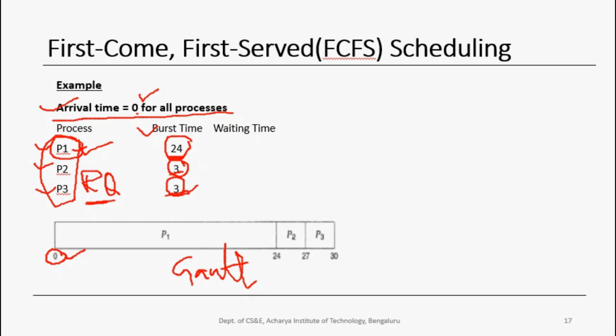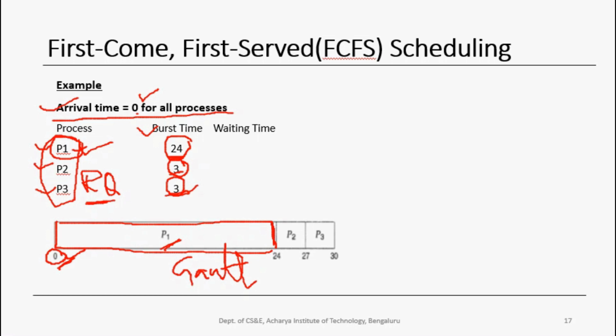Therefore it is immediately given the CPU. I have put a rectangle here and written P1, and its execution starts at time t equal to 0, and it runs for 24 time units.